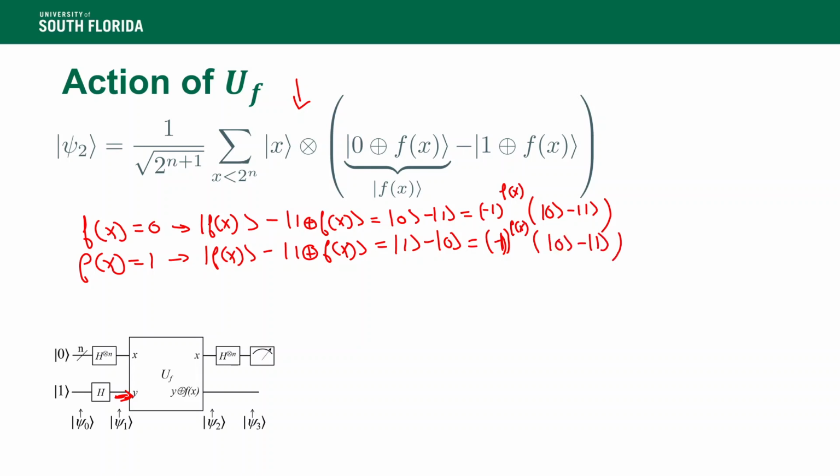So this will allow us to factor the sum by 0 minus 1, which is going to be the state of the last qubit, which, as we did before, is going to be ignored.